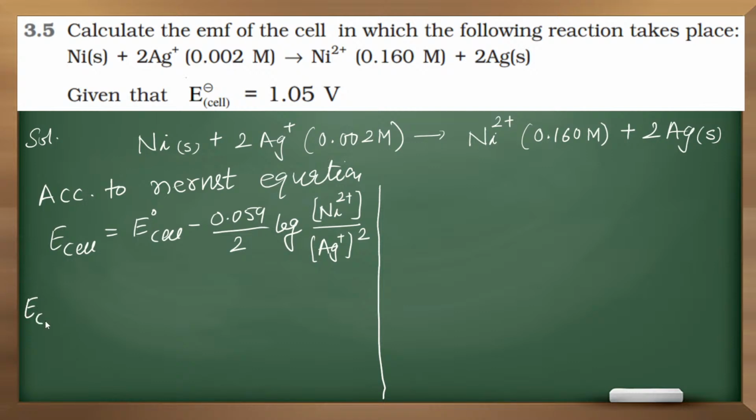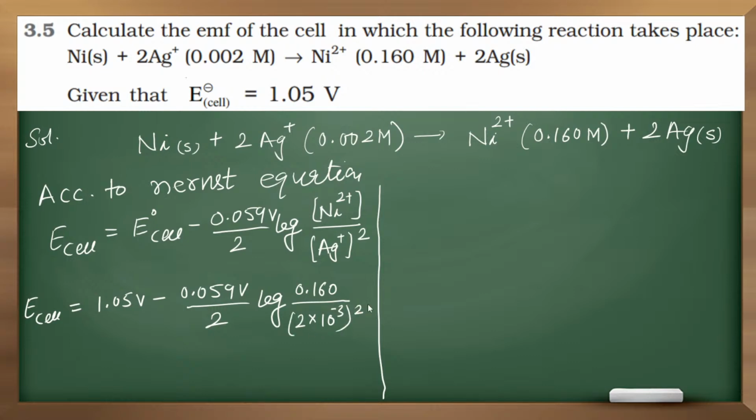So now E cell is equal to 1.05 volt minus 0.059 volt over 2 log of nickel 2 plus, so it is 0.160 divided by Ag plus, 2 into 10 raised to power minus 3 raised to power 2.